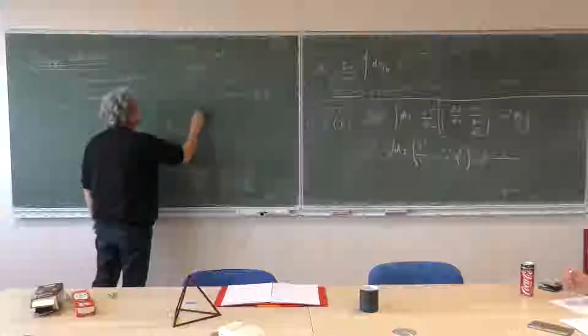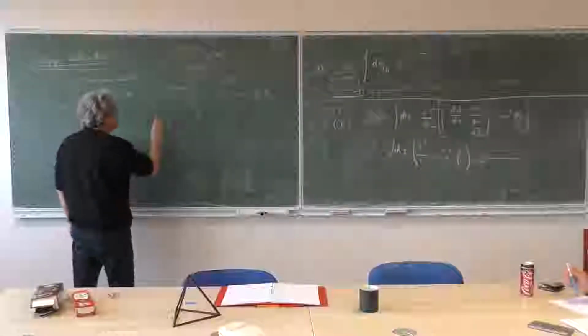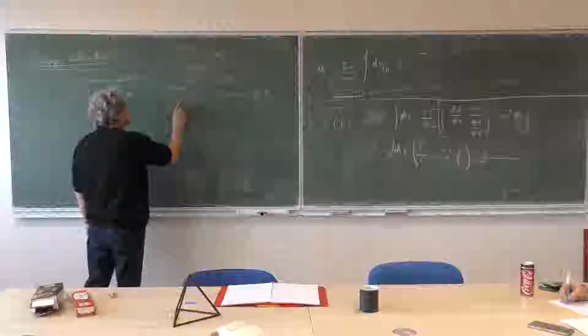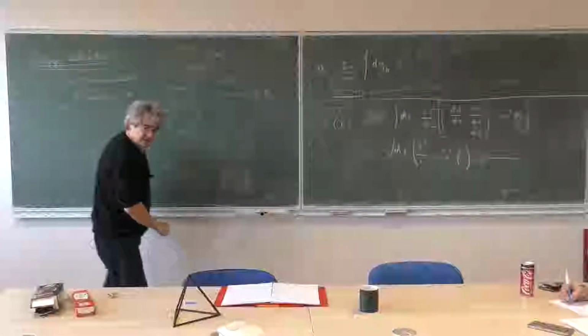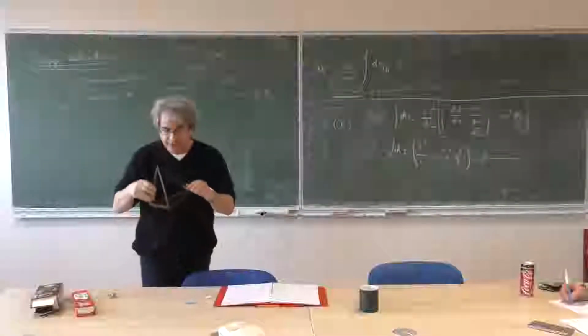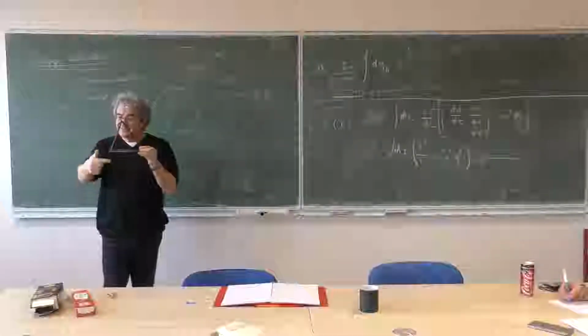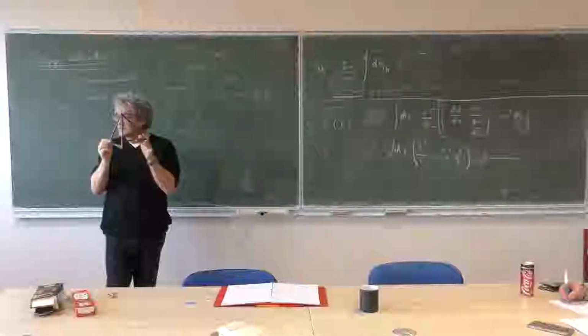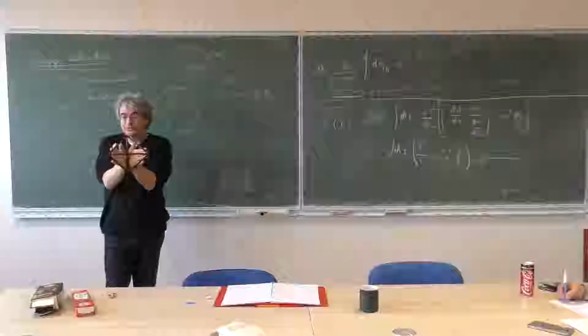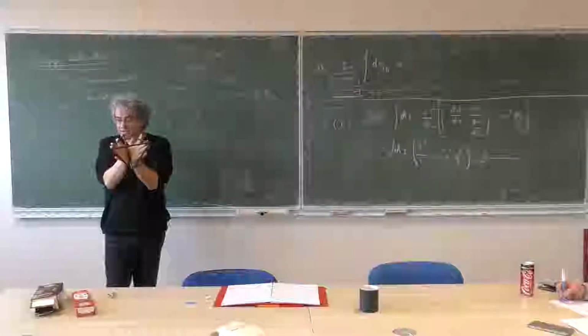Now, when you go to 3 dimensions, you have tetrahedra. You do exactly the same game, and now you still use as variable the length. If you have the six lengths, you have the geometry of this thing. So from the six lengths, you can compute these angles here, the dihedral angles.